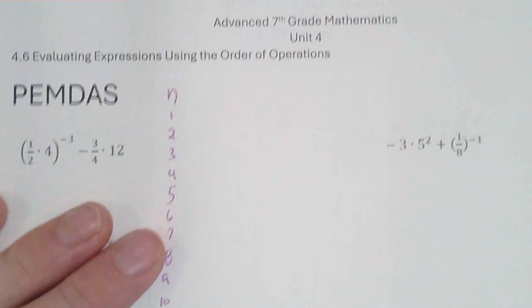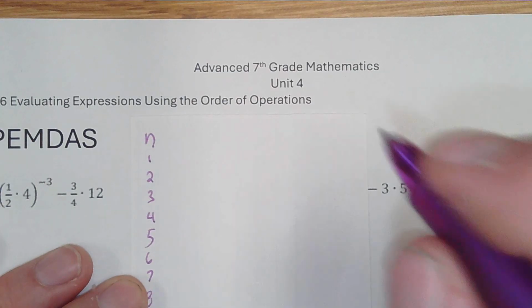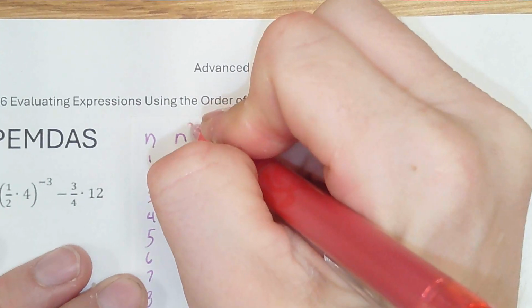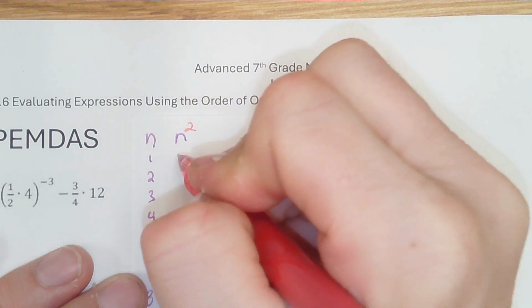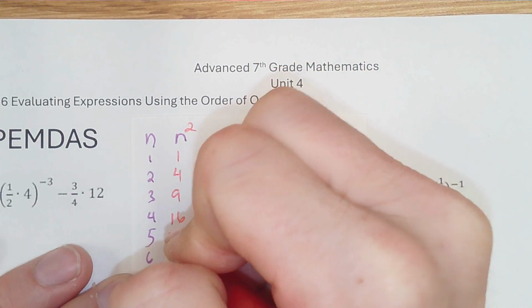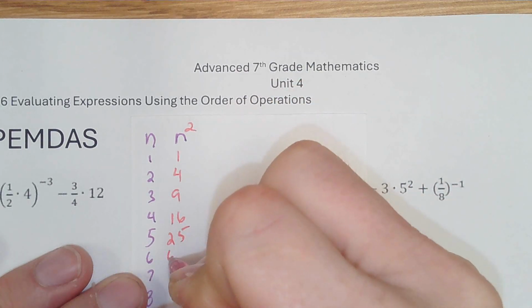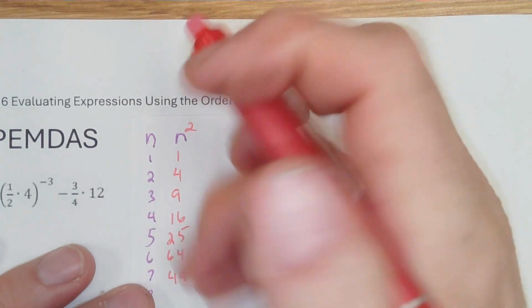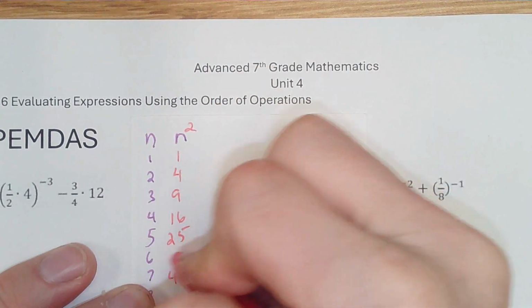Okay, so this will be n if we were to square it. All right, so we have 1, 4, 9, 16, 25, 36.